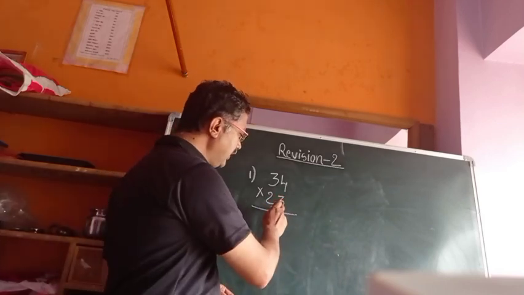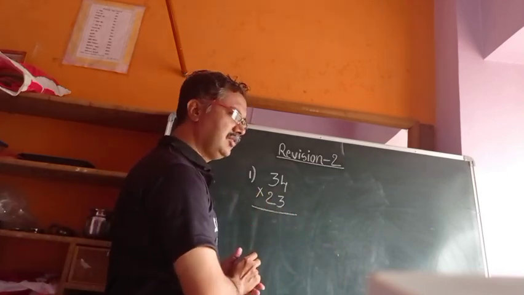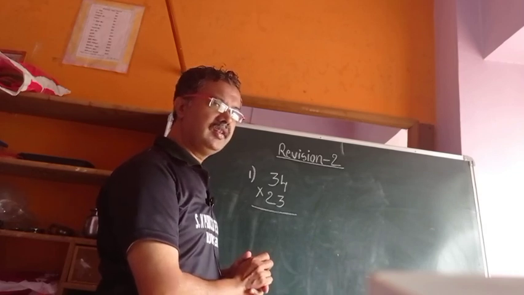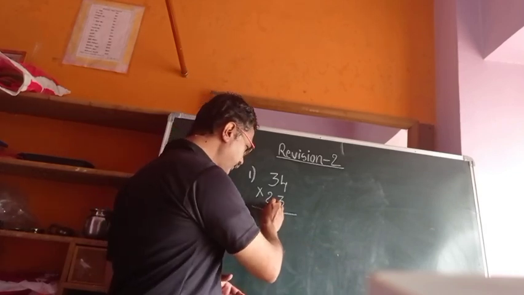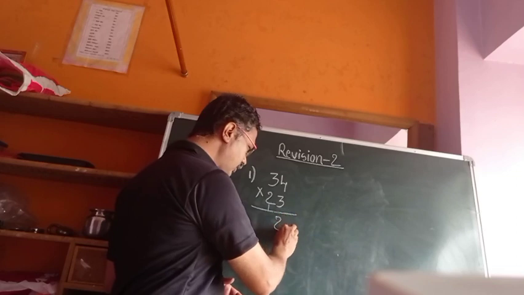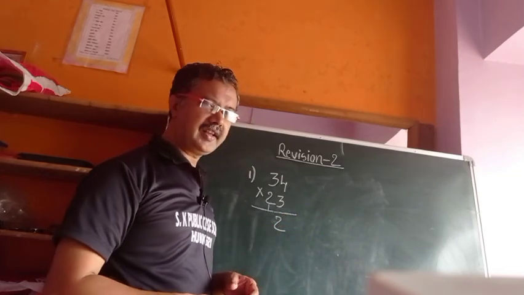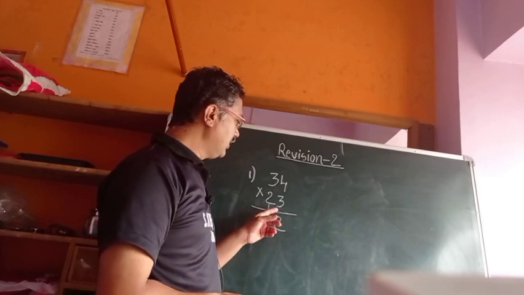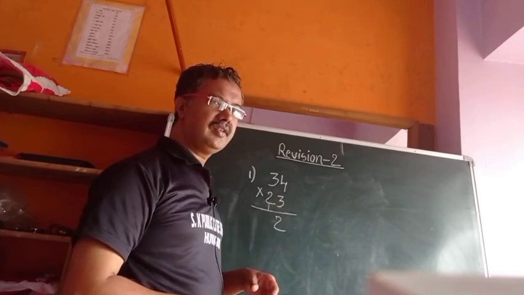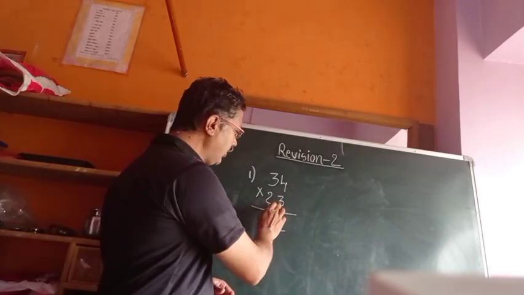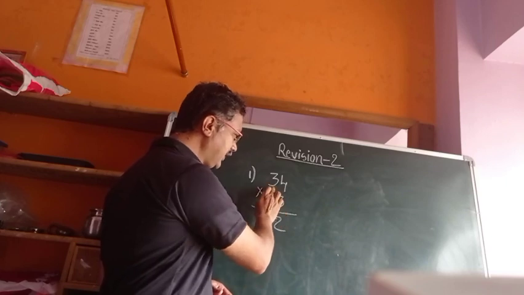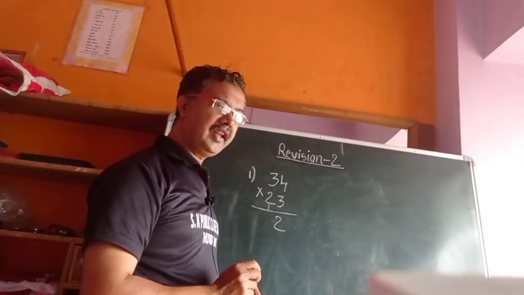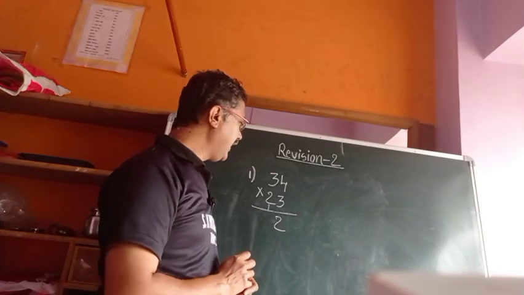3 4s are 12. 1 we are taking as carry forward and 2 we are writing downside. Now next number, 3 3s are 9.